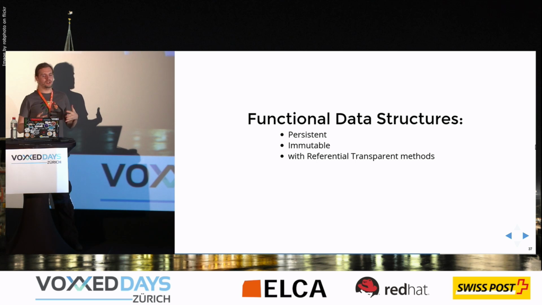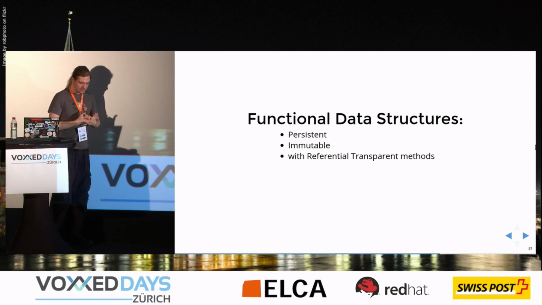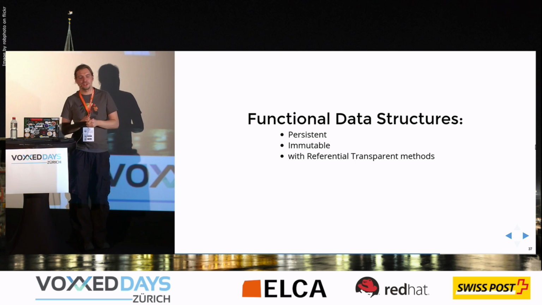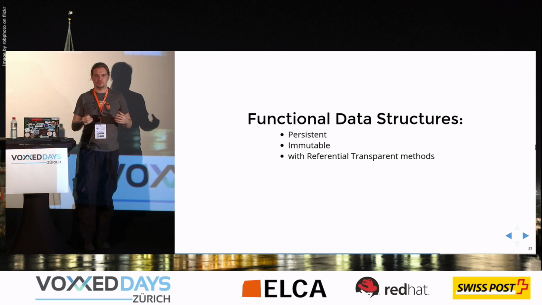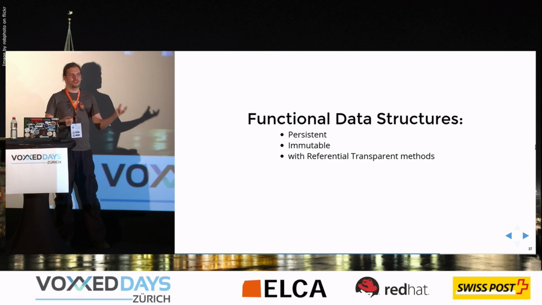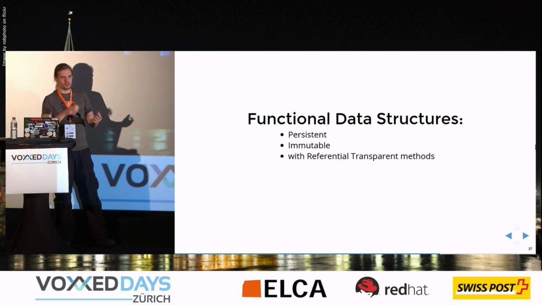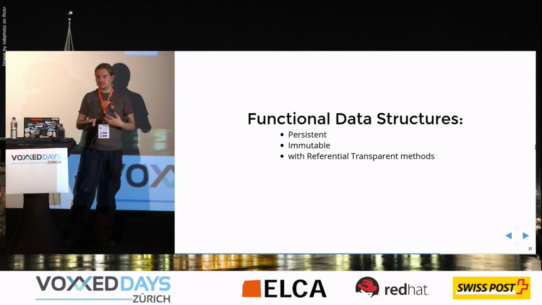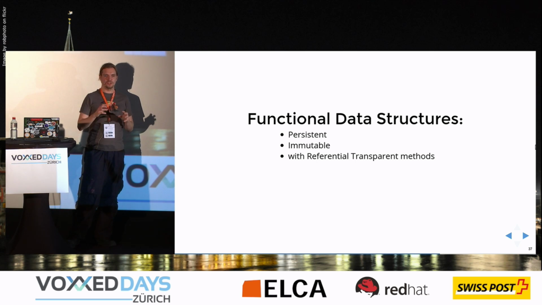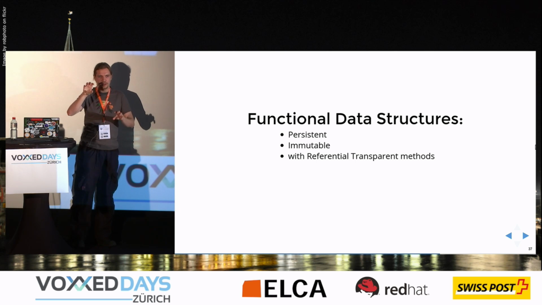Well, this is where functional data structures come into play. Persistent collections are not only immutable, but they are designed in a special way, such that you are reusing the previous versions of those created lists. They are created in such a way that a single list consists of a head element and another list, recursively, okay?